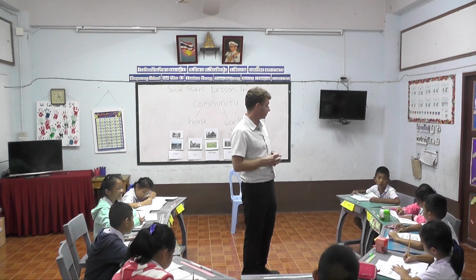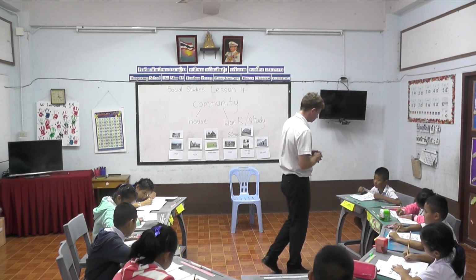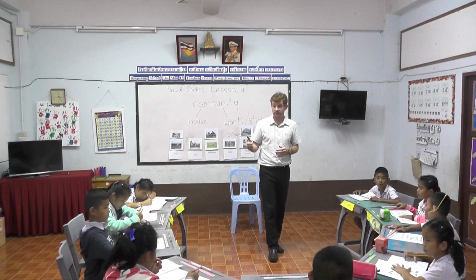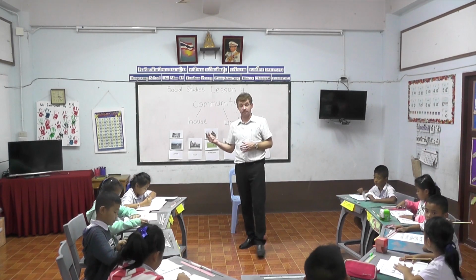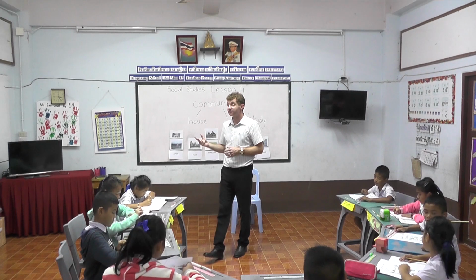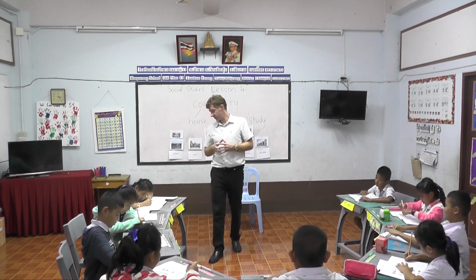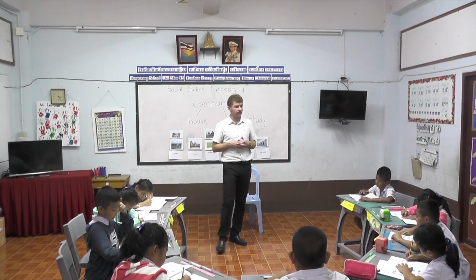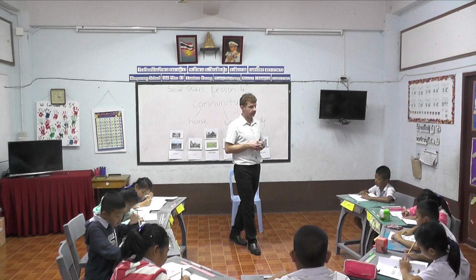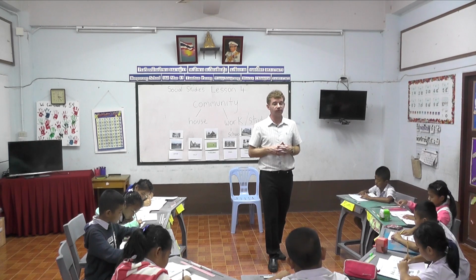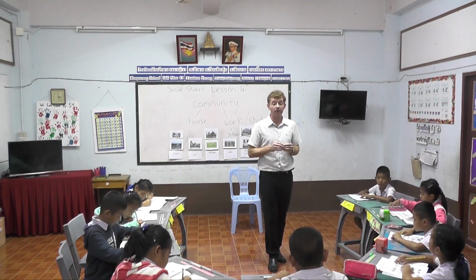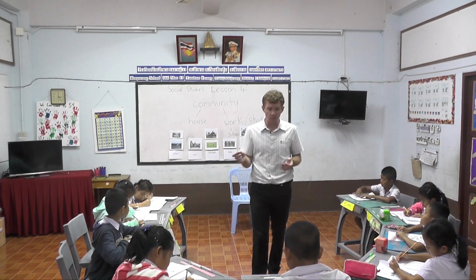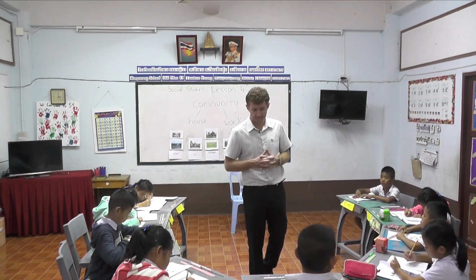So how many different countries? Ready? We have Italy, Japan, United States, Iceland, and Thailand. Okay. What you need to do is decide which of the houses belong to which countries. And if you finished already, you can colour or you can draw.